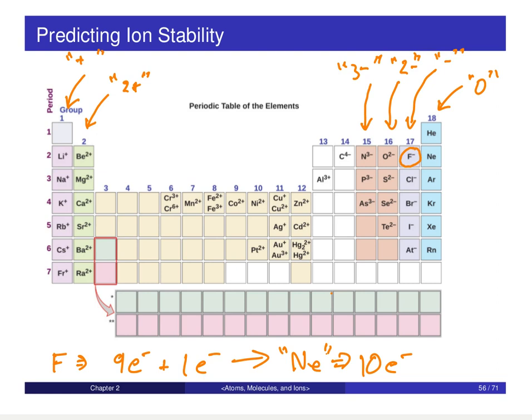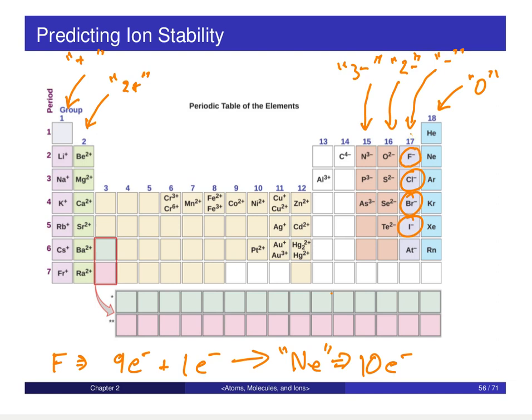Okay? And we notice that if we go down the periodic table below fluorine and we look at chlorine, bromine, iodine, all of these halogens are exactly 1 electron away from looking like a noble gas. So they're in column 17 here, group 17.